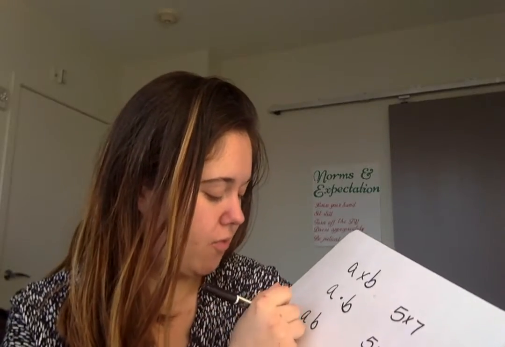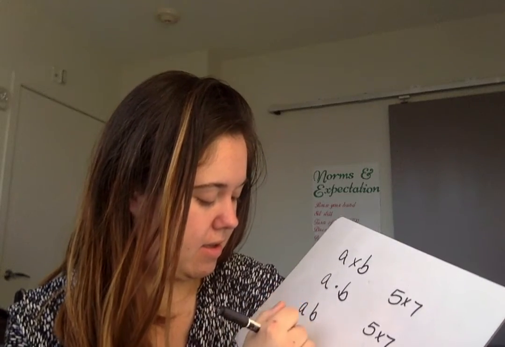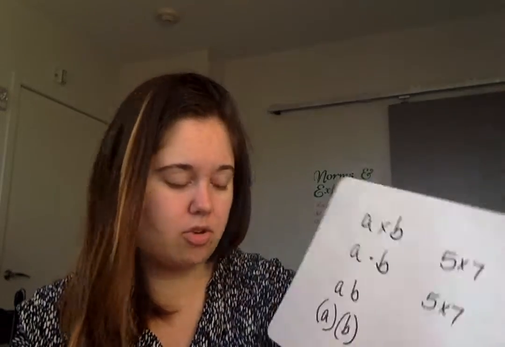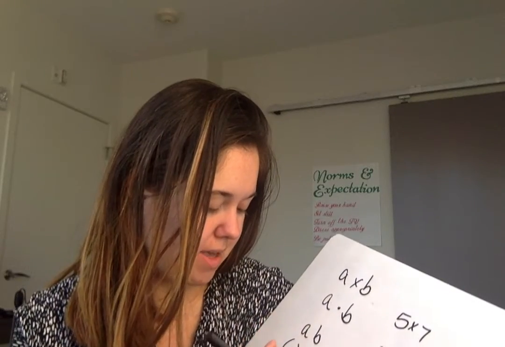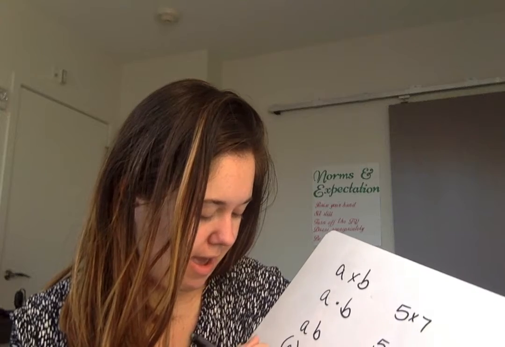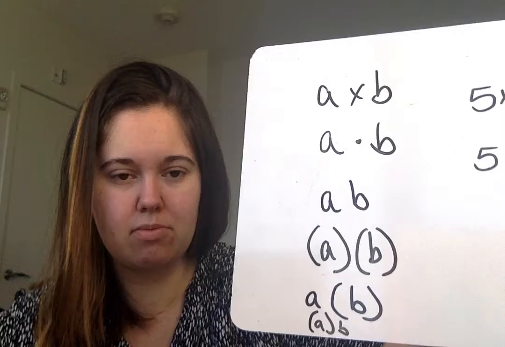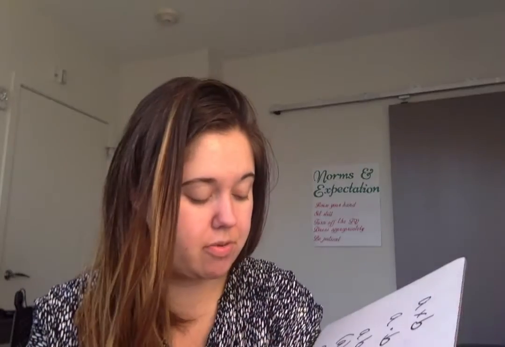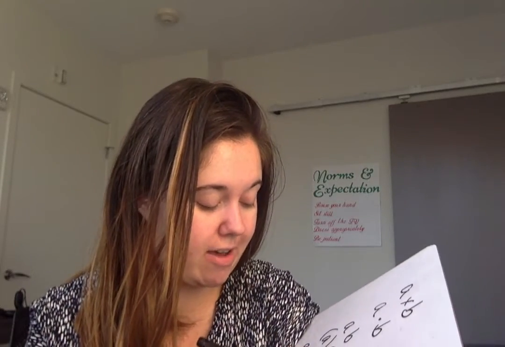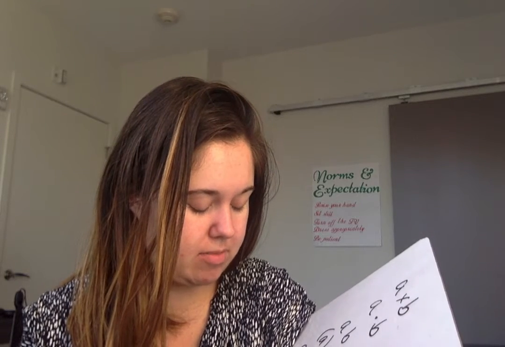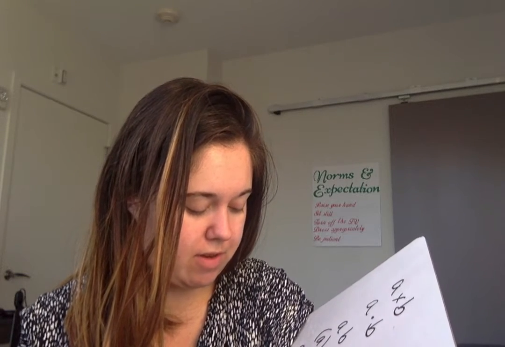The last way we can write it is A, B, like that. We could do A, B, or A, B. Both of those would also work. That does work with 5 and 7. So I could do 5 times 7, or 5.